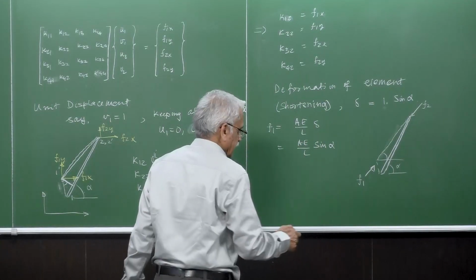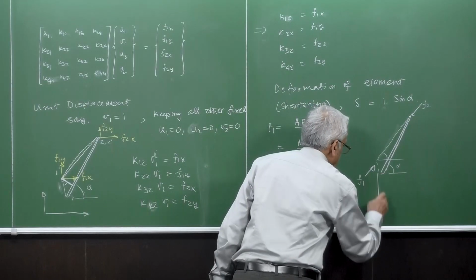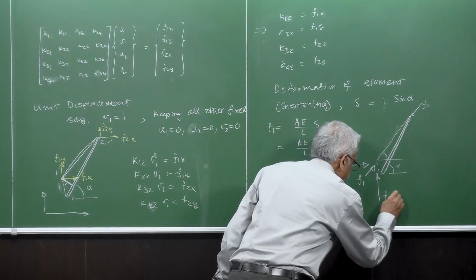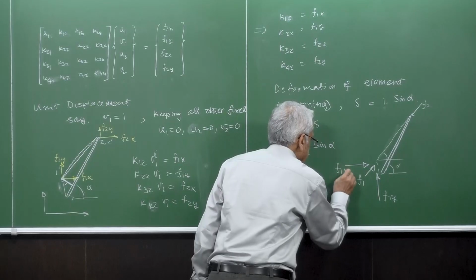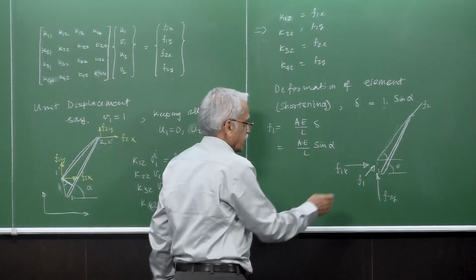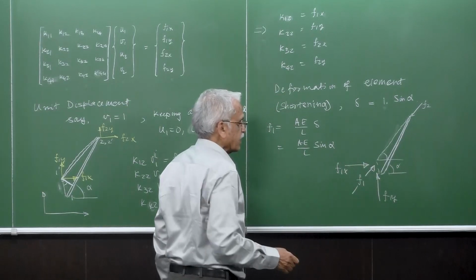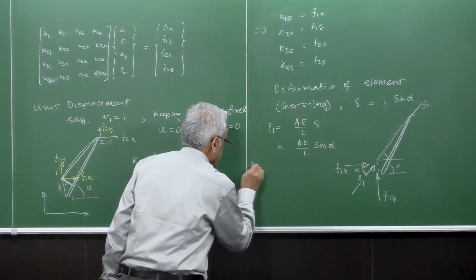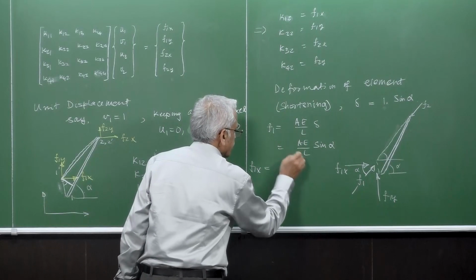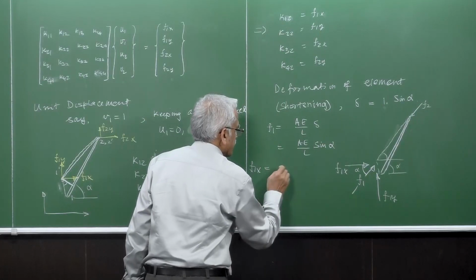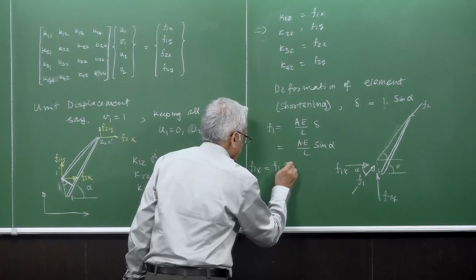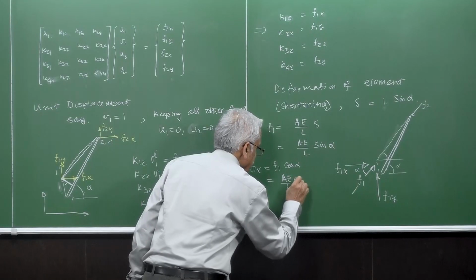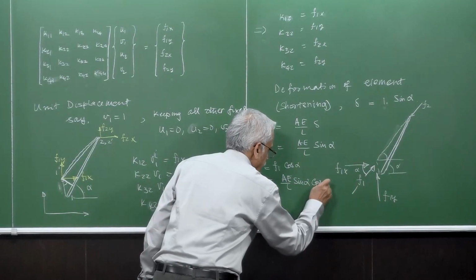Since we are talking about a 1D element, these forces can be decomposed into x and y, and we know this is alpha. So F1x is F1 multiplied by cos alpha, which is nothing but AE by L sin alpha cos alpha.